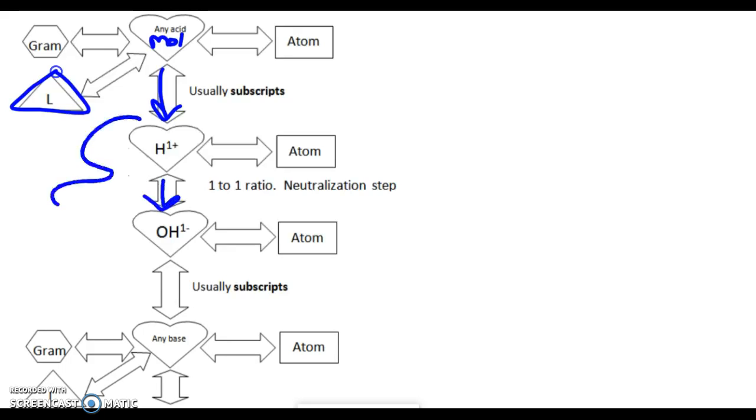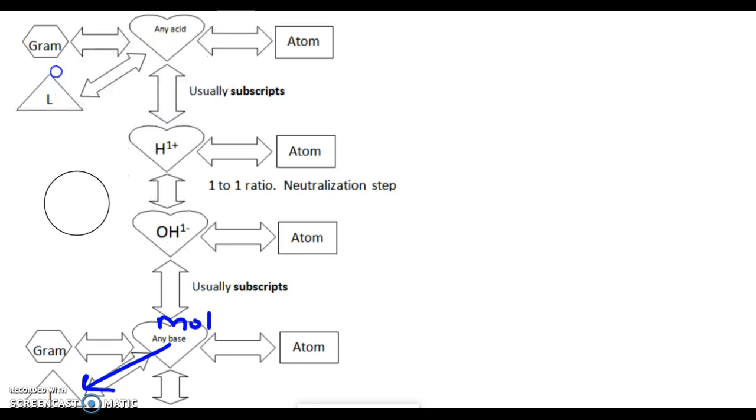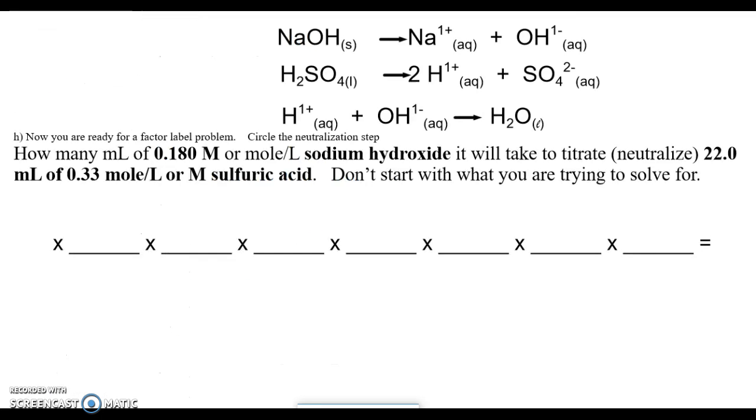This right here is our neutralization step. Then we can go to moles of any base, and then we can go to liters of that base. So we're going to be using this a lot. You'll need to kind of figure things out before you even start a problem. So in our very first problem, we will be using this map.